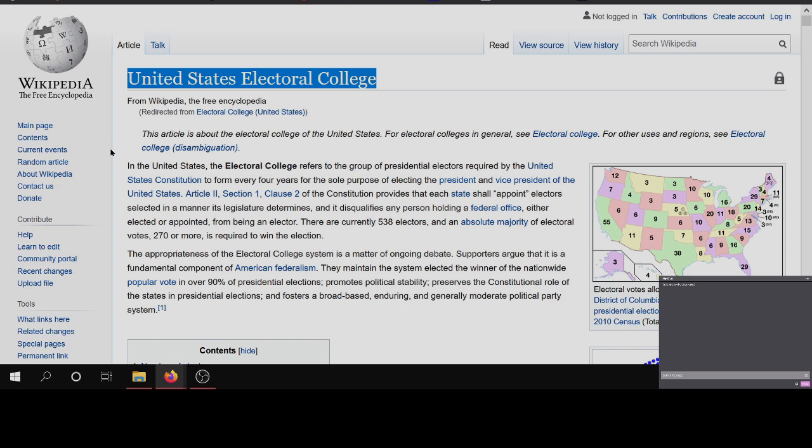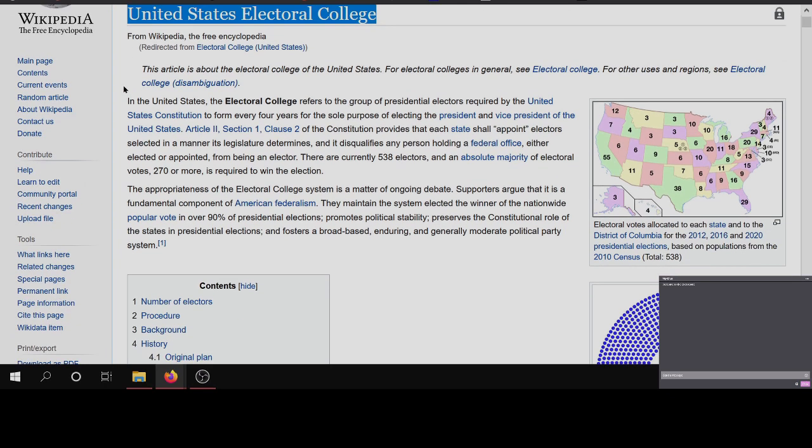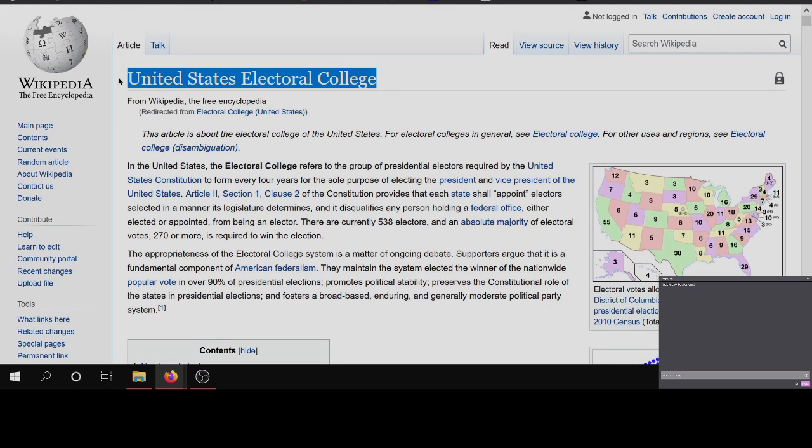So it has old historical meaning, but since the U.S. is a constitutional republic with several democratic reforms, I figured it's going to be difficult, but let's just try it.